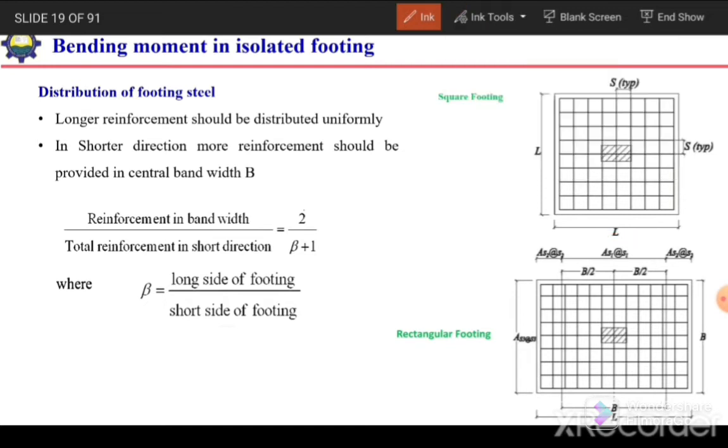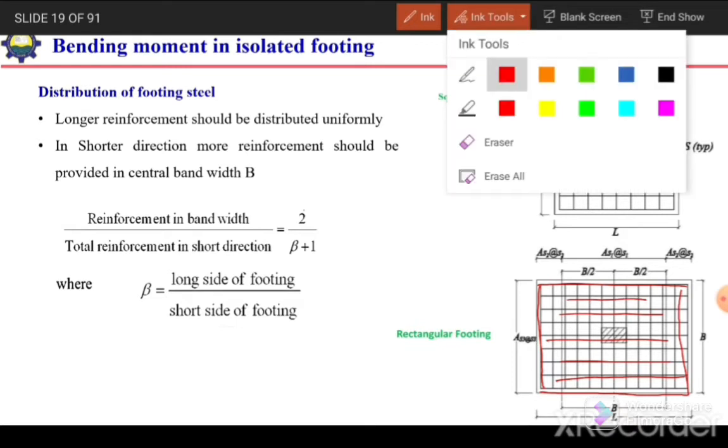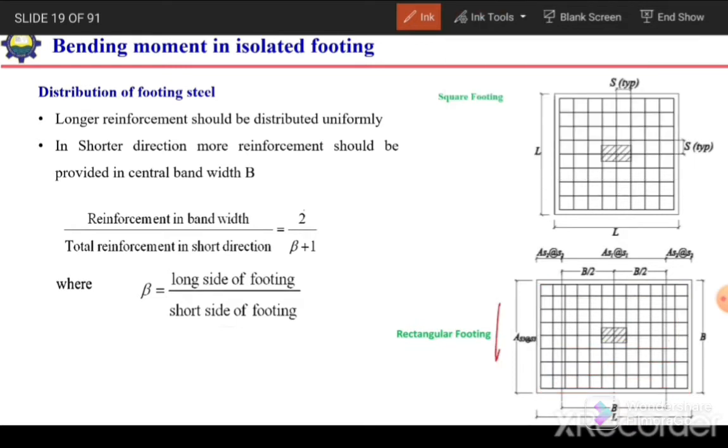But if our footing is rectangular, in that case the longer side reinforcement will be provided at uniform spacing, but for the shorter direction reinforcement we need to provide more reinforcement in the central band. So in this portion we need to provide extra reinforcement, but on these edges we can reduce the spacing or reduce the area of the reinforcement.